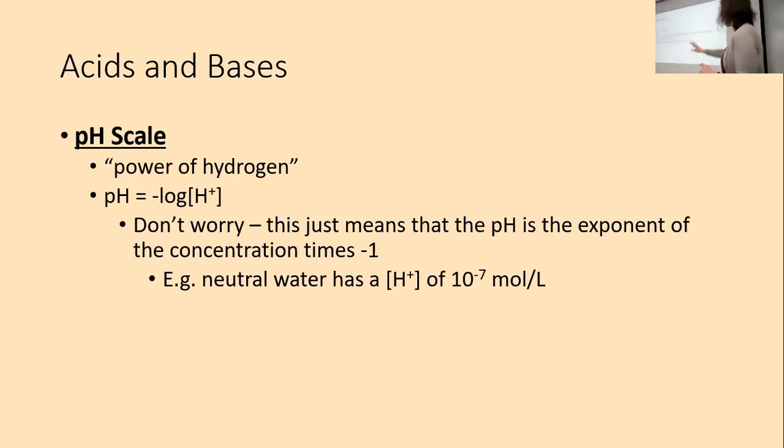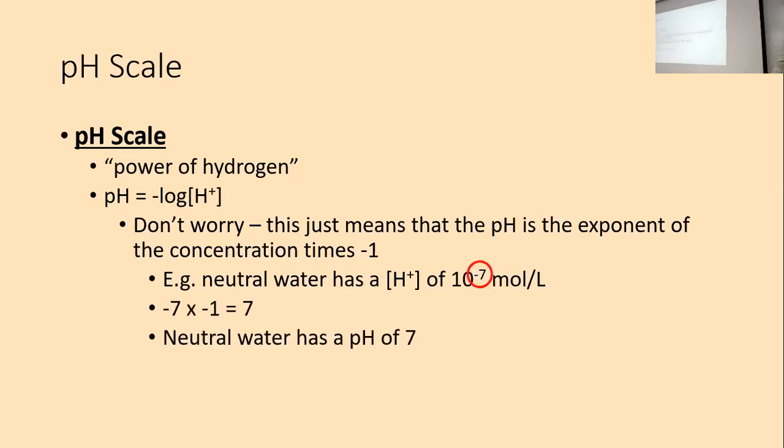So neutral water, we said, had a proton concentration of 10 to the -7 moles per liter. Cool, fine. -7 is our exponent. -7 times -1 is 7. So neutral water has a pH of 7. So if I say that something has a pH of 7, it just means that it's 10 to the -7 moles per liter proton concentration.